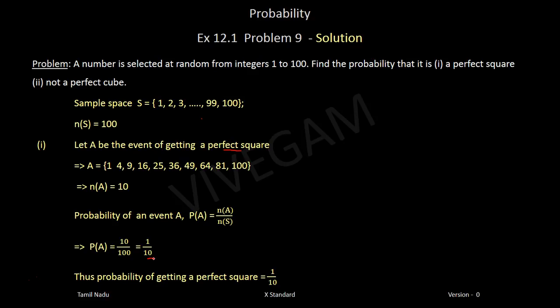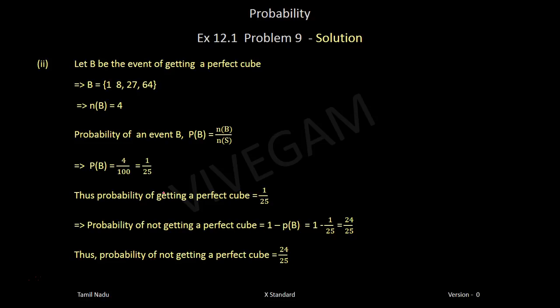Okay. Now let's go to the second part. Second part, let B be the event of getting a perfect cube. They are asking for not a perfect cube. So let's find first perfect cube and subtract that value from 1. You will get the probability of getting not a perfect cube. What are the perfect cubes?